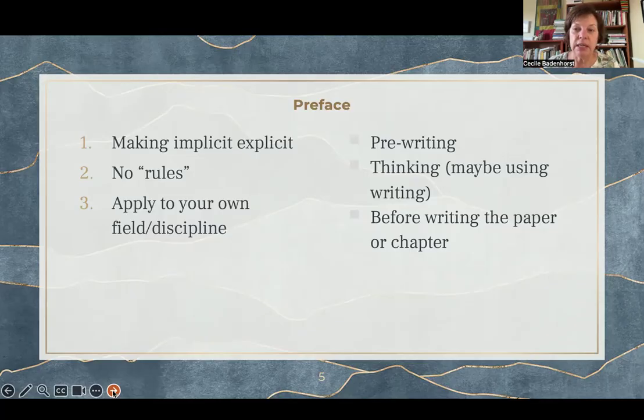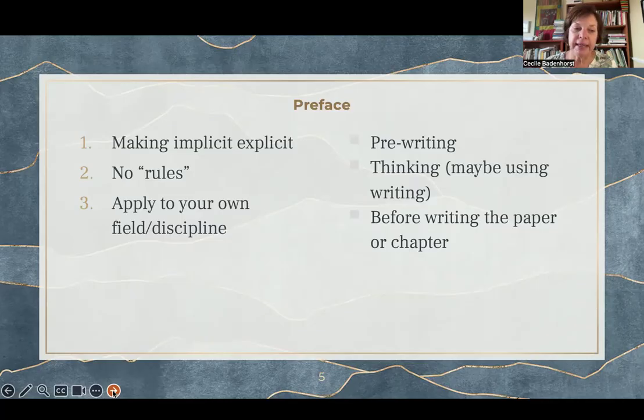The other thing that I really want to emphasize is that when you sit down to write a literature review, it's a very complex piece of writing that requires higher order thinking. And if you sit down to write it just like that, you're going to find that it'll feel overwhelming and you don't want to do it.